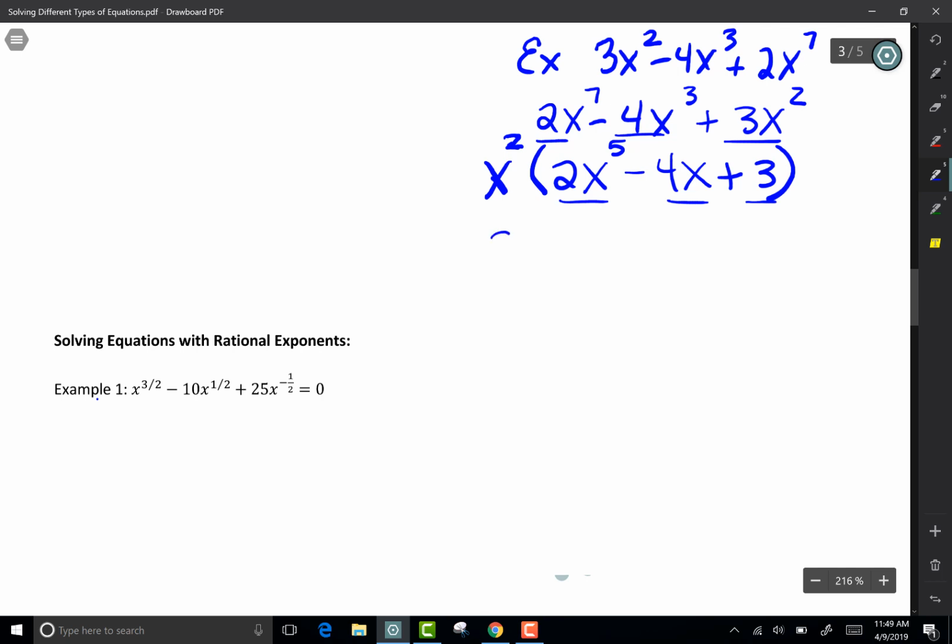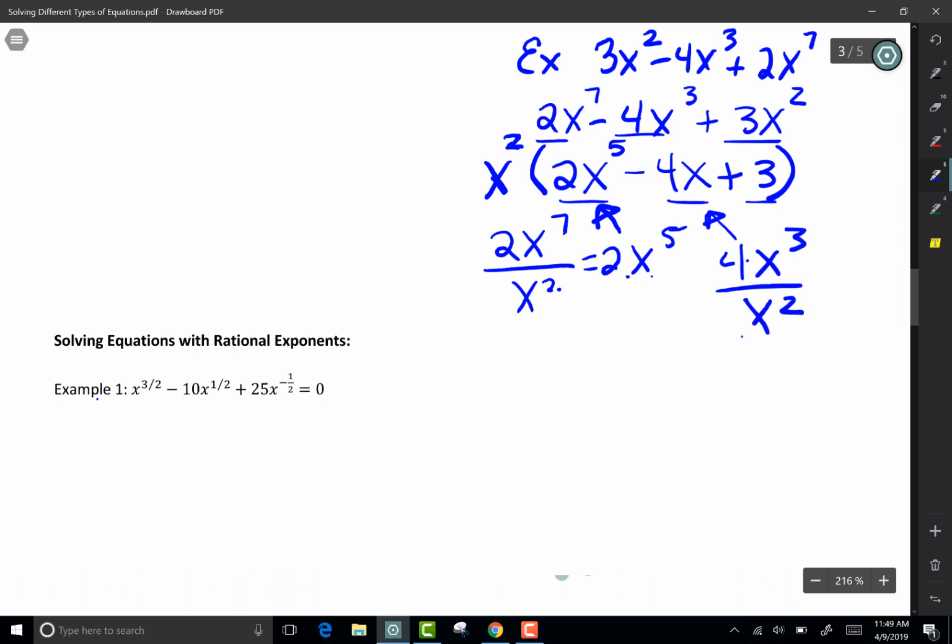So if you look at 2x to the 7th, if I divide that by x squared, that's going to give me a 2x to the 5th. So that's how we know what goes in here. Then we figure out what goes in here because we take the 4x to the 3rd and we divide by x squared. So that would give me 4x.